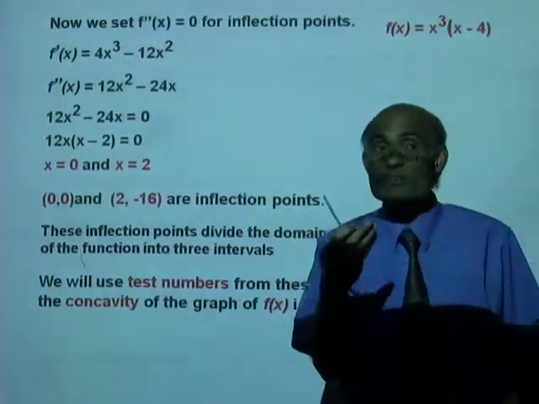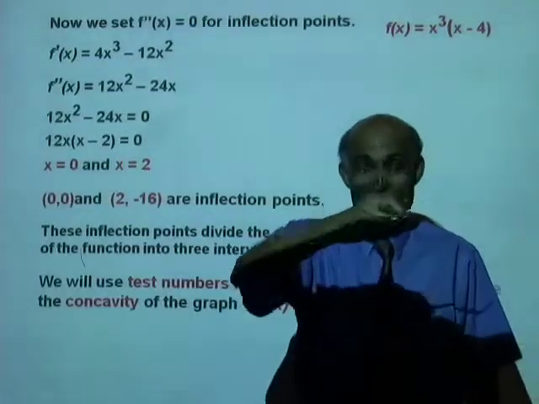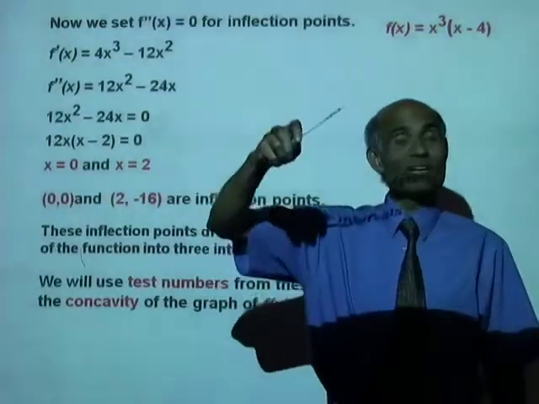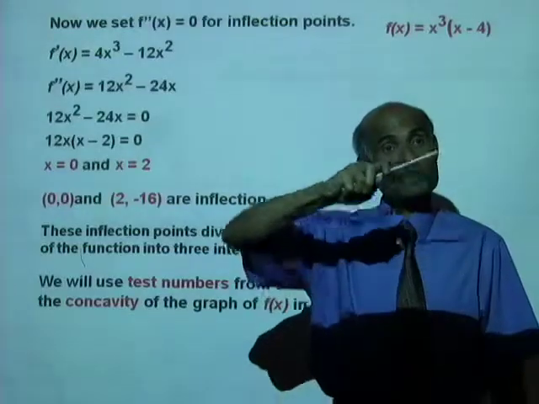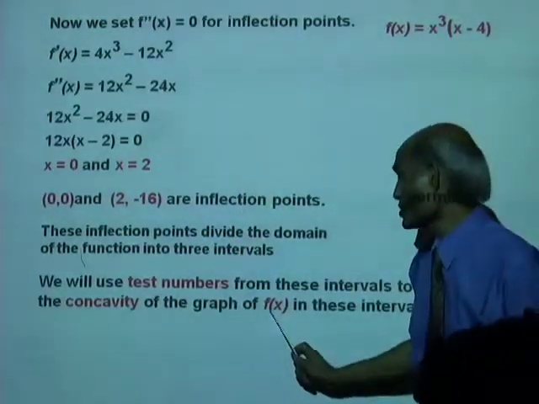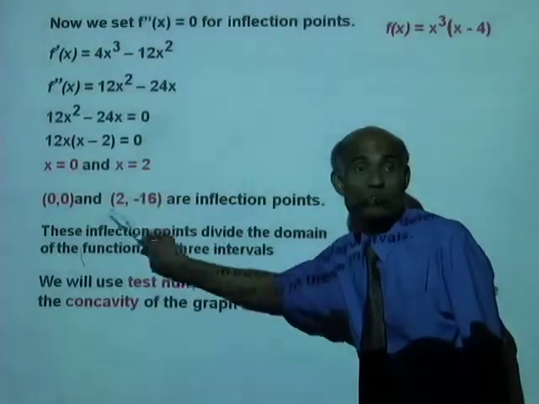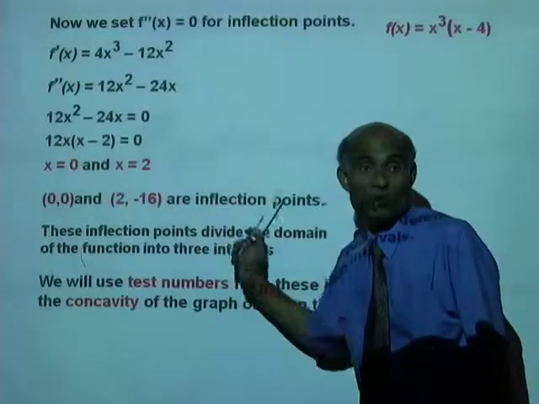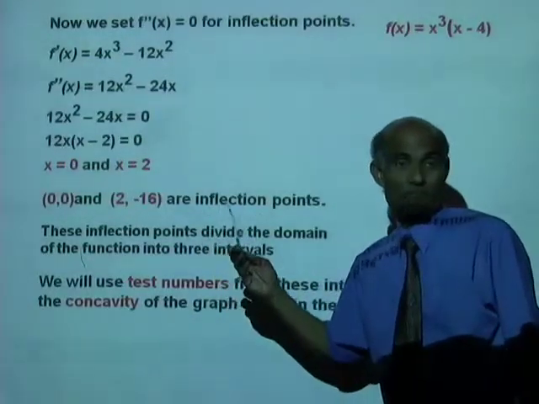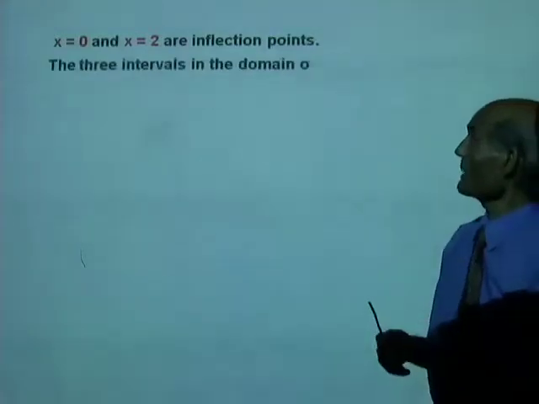If the second derivative is positive, then the function graph is concave up. If the second derivative is negative, then the function graph is concave down. So to determine the concavity, we use test numbers on the 3 intervals, on the second derivative. Alright, let's do that.